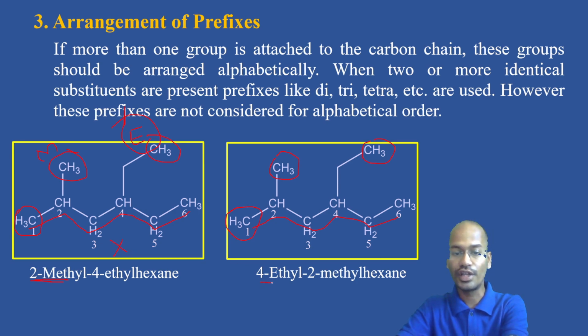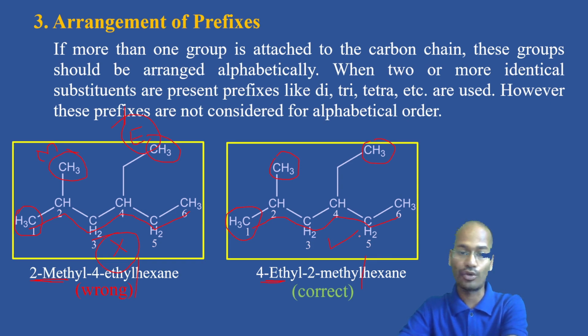Here you can see it was started with ethyl, alphabetically E comes first, and so this is a correct method of representation. So 2-methyl 4-ethyl hexane is a wrong one, whereas 4-ethyl 2-methyl hexane is a right one.